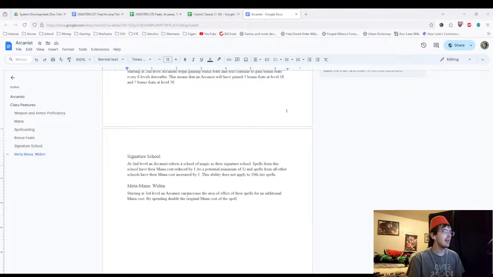Easy stuff. And this is the original cost. This does not take into account the signature school, right? So if you cast a 2nd tier spell of your signature school, the base cost is 1. But if you use meta mana widen, the cost becomes 3. It's the original cost. I'll specify that here, but I just wanted to say that out loud now, basically just saying what I'm typing before I type it. Spending double the original cost of the spell.